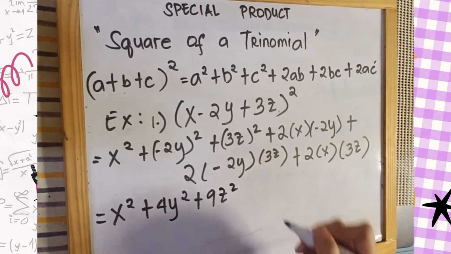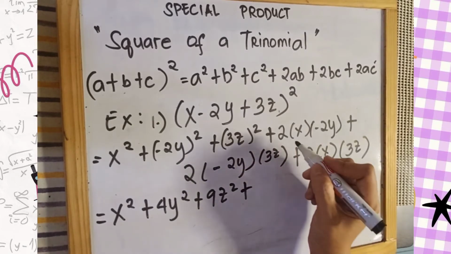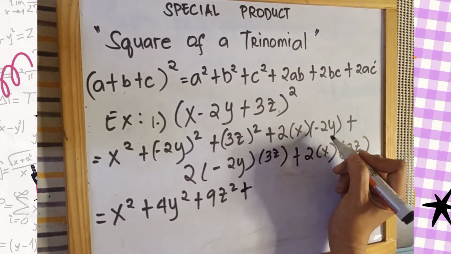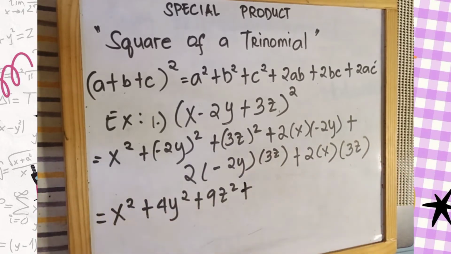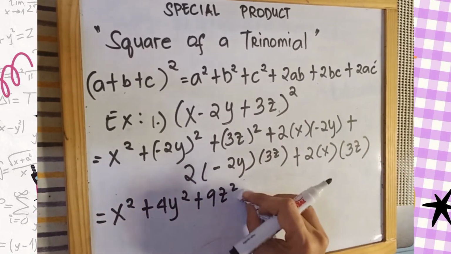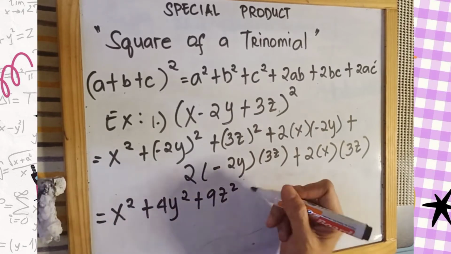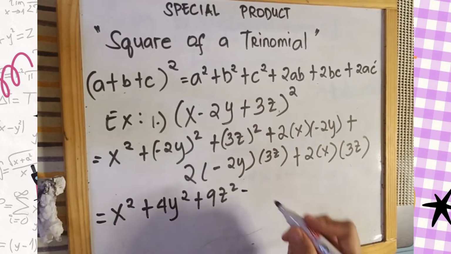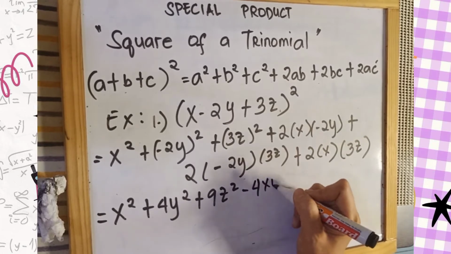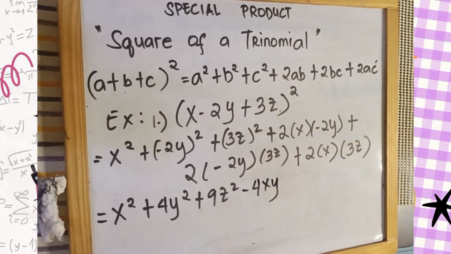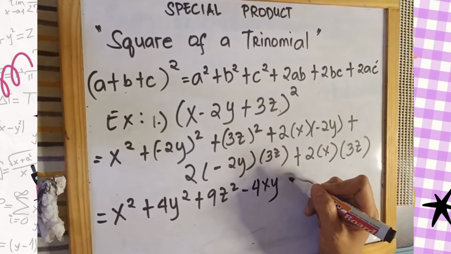Okay, next. Let's now multiply 2 times x times negative 2y. Since magkaiba yung sign nila, our sign will become negative. So negative 2 times 2 is 4xy. Okay, next term.